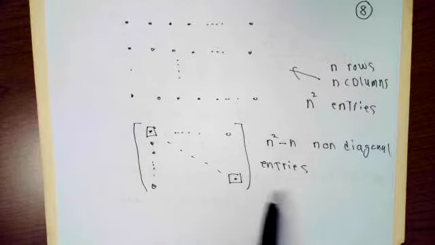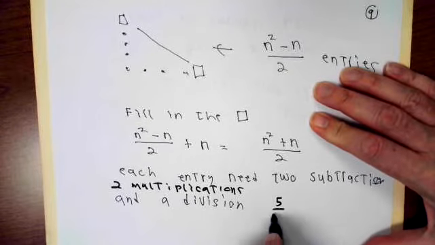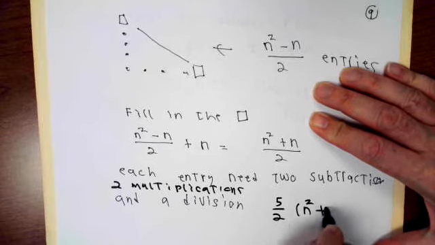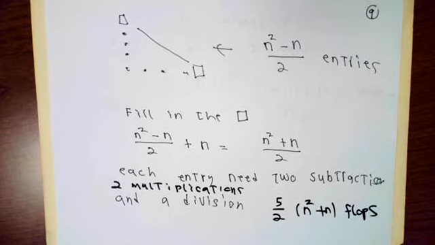And if you include the diagonal, which we have to, you get half of n squared minus n with n added to that. Now, each one of these numbers is going to require 2 subtractions, 2 multiplications, and a division. So the total amount of work is about 5/2 n squared plus n floating point operations. This is just to do one evaluation of the interpolating polynomial.